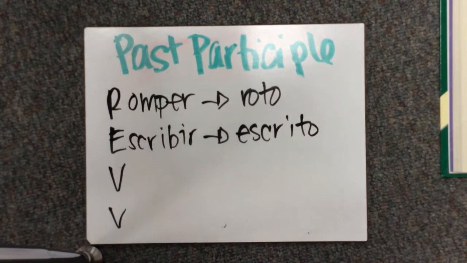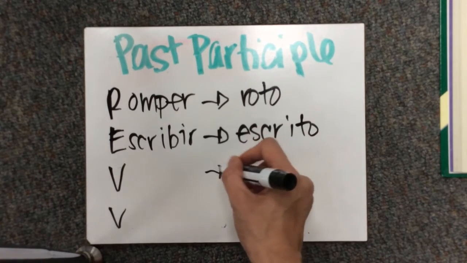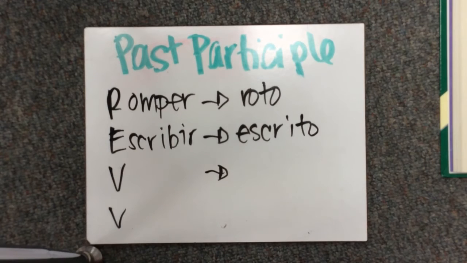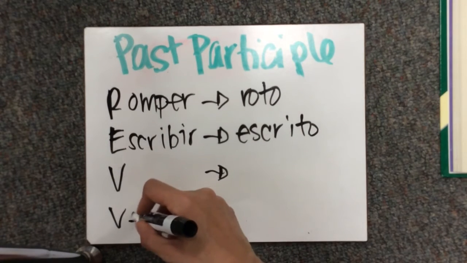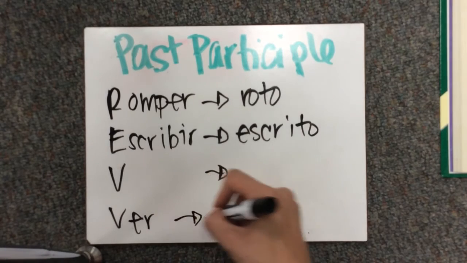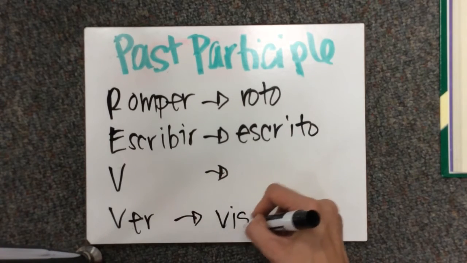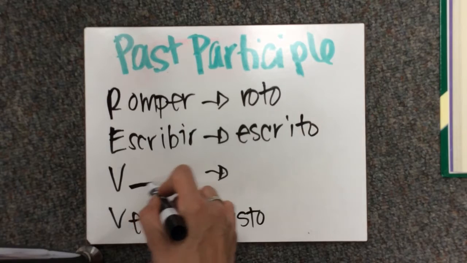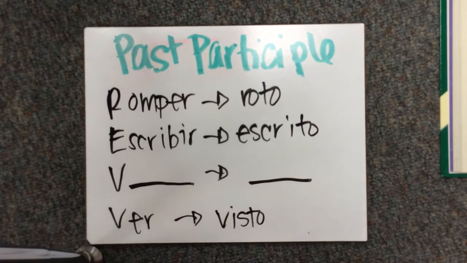V comes from volver, which turns into vuelto. The second V comes from ver, which turns into visto.